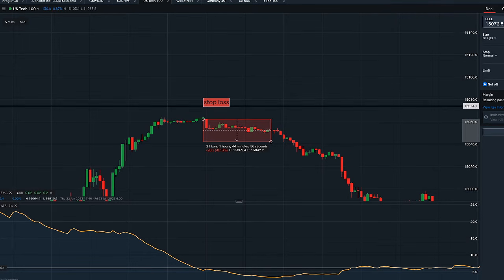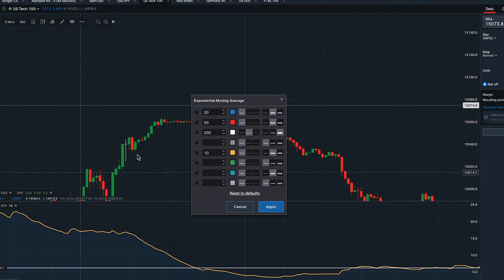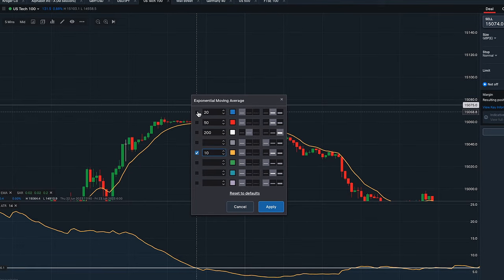And the next way I like to know where to put stop losses as well is with EMAs. So the 10 and the 20.